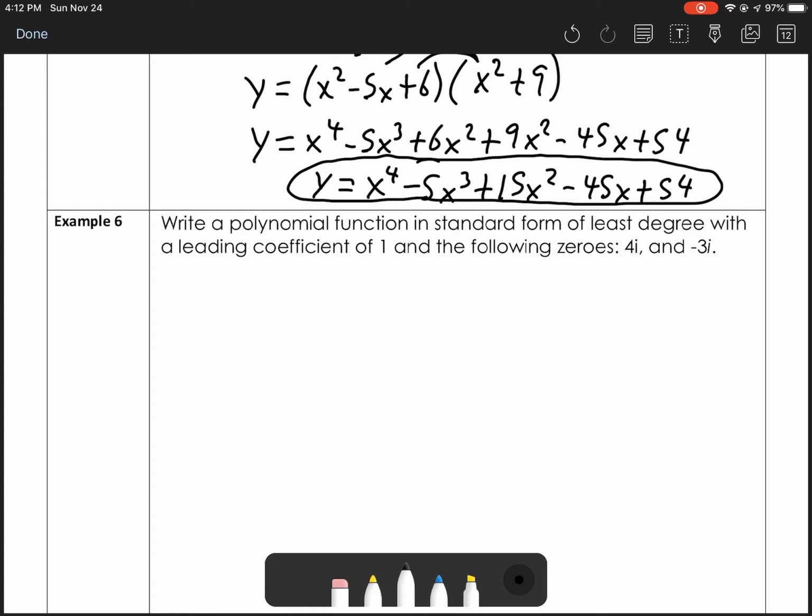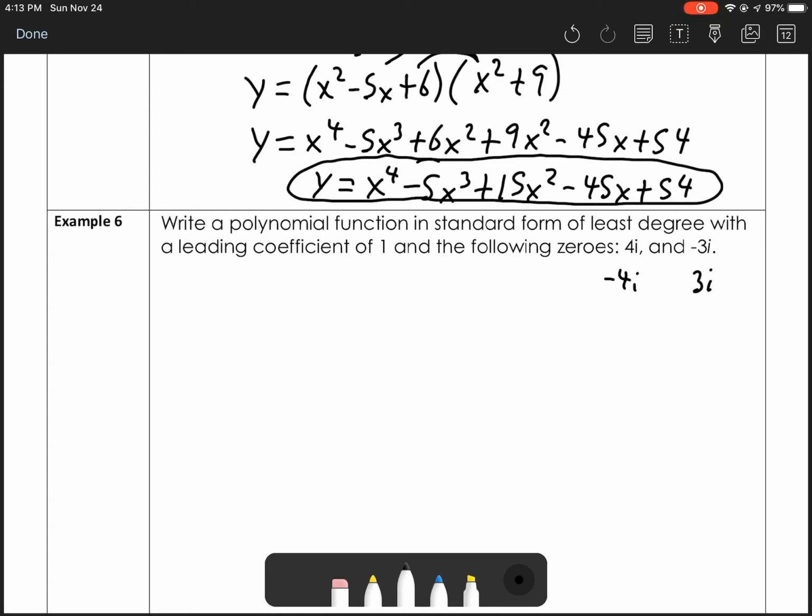Our last one here says, write a polynomial function in standard form of least degree with a leading coefficient of 1 and the following zeros, 4i and negative 3i. So with both of these, we know that they have to come in pairs. So it's 4i and minus 4i, negative 3i, and positive 3i.